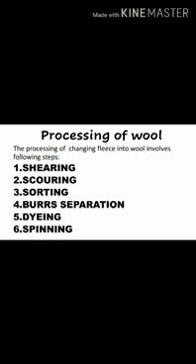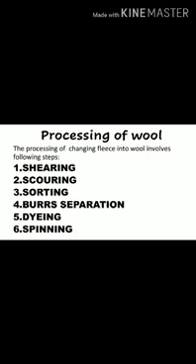Now, processing of wool. What is processing? Processing is a term which means certain mechanical and chemical processes are used for the manufacturing purpose, and the processing of changing fleece into wool involves the following 6 steps.